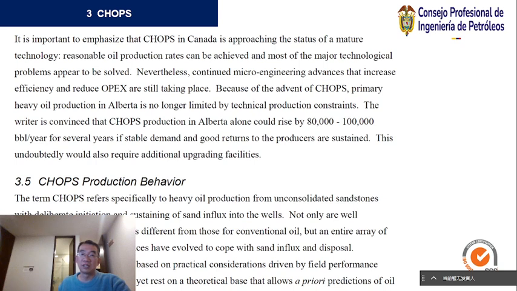Because of the advent of CHOPS, primary heavy oil production in Alberta is no longer limited by technical production constraints.